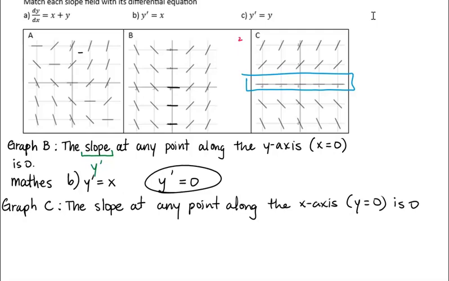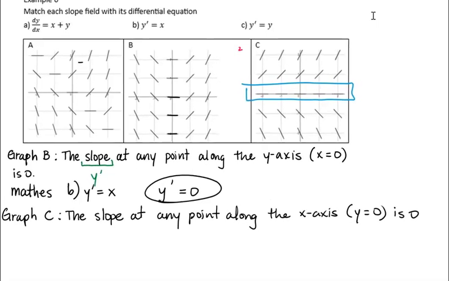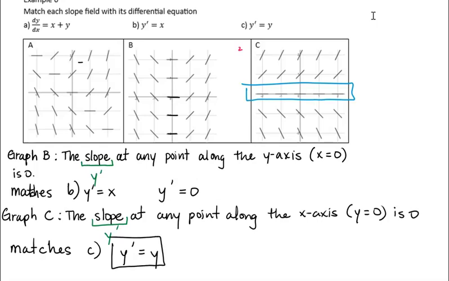So I'm looking for a differential equation where the slope, which will be y prime, could also be written as dy dx, is always going to be equal to 0 when y is 0. And that matches equation C. Equation C has that y prime is equal to y, and y is always equal to 0 along the x-axis.